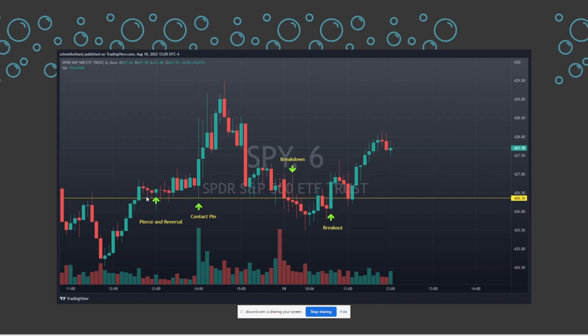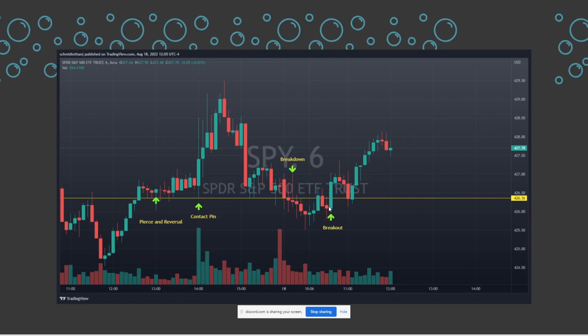So you're going to see these contact points. You've got a pierce and reversal on elevated volume, and we come back down. We've got another touch here, a contact point, and we finally have another contact point before a breakout. All the way down here, I'm pointing with my finger, we've got decreasing volume as we see this breakdown.